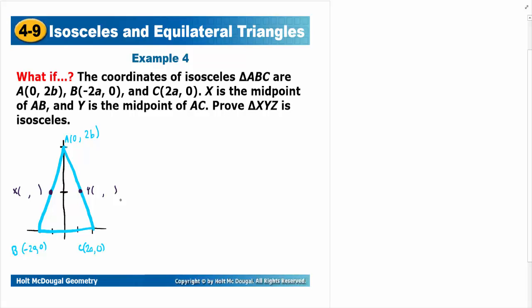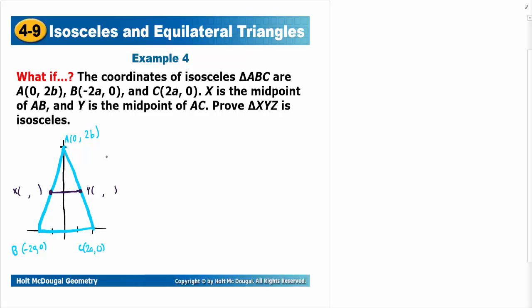So we're going to then prove that triangle XYZ is isosceles. To prove that it's isosceles, I want to show those sides are congruent. They said prove that triangle XYZ, and before I even get to that, they're talking about this point, Z, and we don't know where it is.